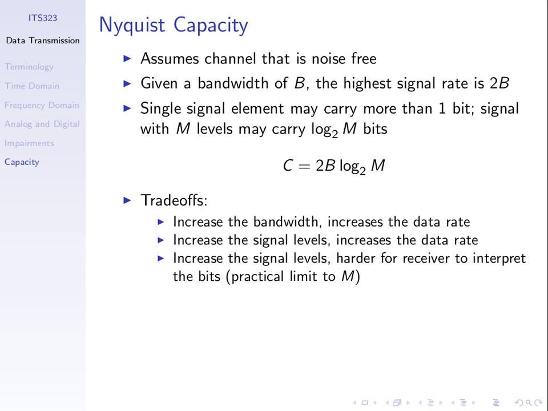So if we know the bandwidth of our channel, 1000 hertz as an example, and we're using this signalling scheme, what's the data rate? What's the maximum data rate? My bandwidth is 1000 hertz, and we're using the first signalling scheme. That is, we're using the top one.